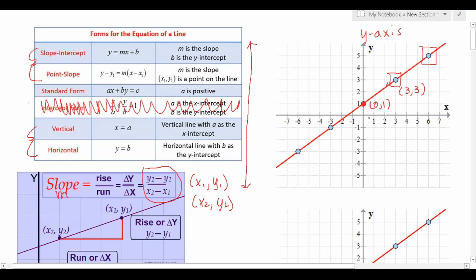Whereas this point is at 6 on the x-axis and 5 on the y-axis. So this point, therefore, we know is (6, 5).